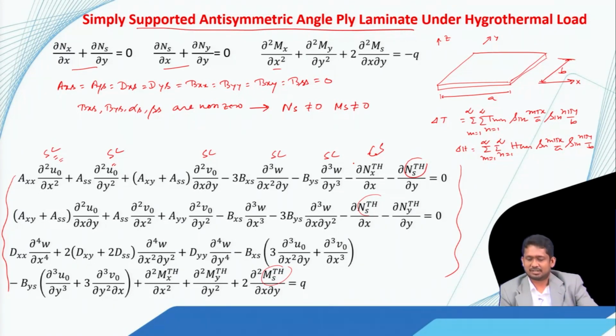We will get cosine(m pi x by a) sin(n pi y by b) here, and this would remain a sine cosine term. Because of this term, I will not be able to separate out the trigonometric functions.